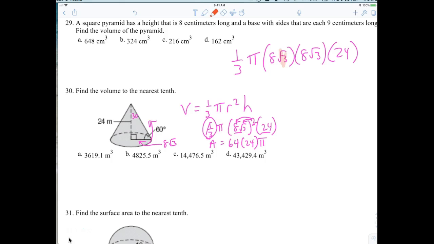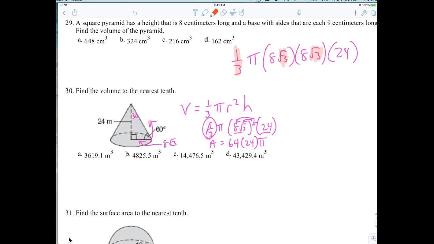Radical 3 times radical 3 is 3. Divided by 3, they cancel out. So 8 times 8 times 24 times pi is the correct answer.